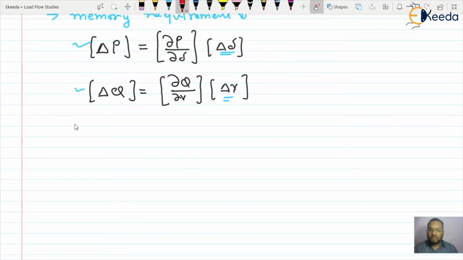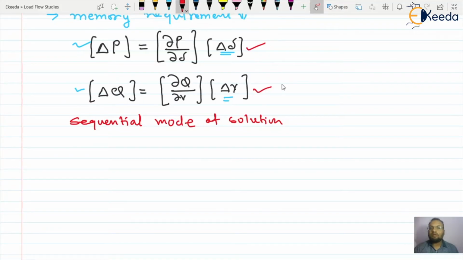The first one is the sequential mode of solution. In the sequential mode of solution, we will solve these equations one by one. First we will solve the first equation, and we'll get the corrections in the deltas.